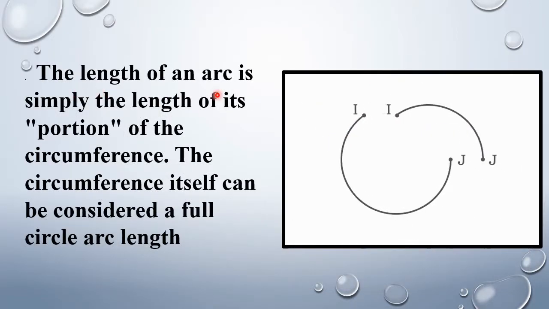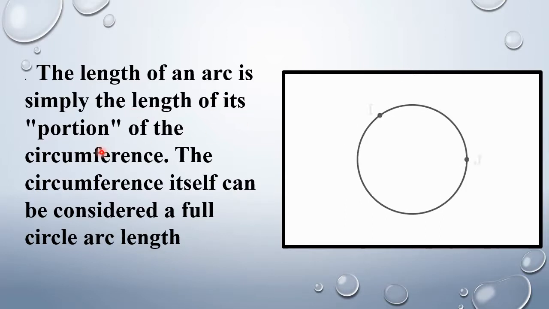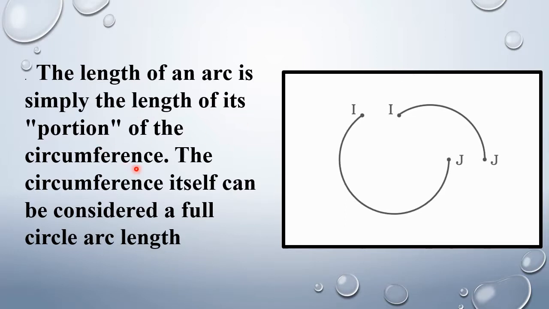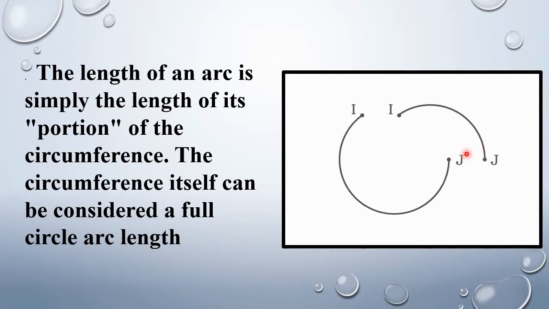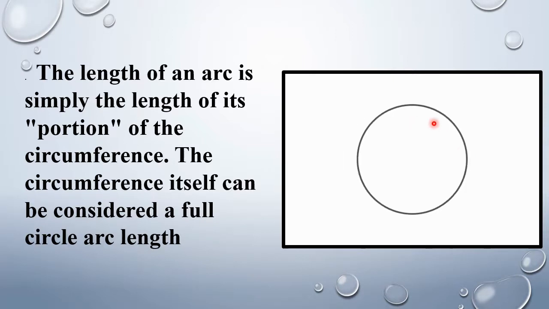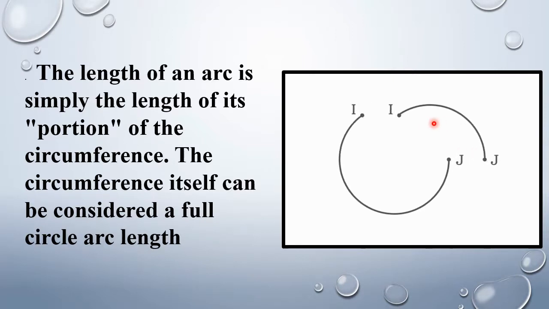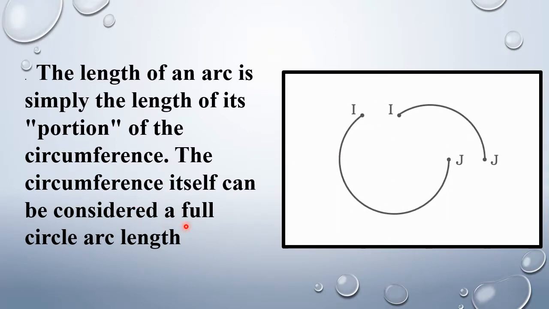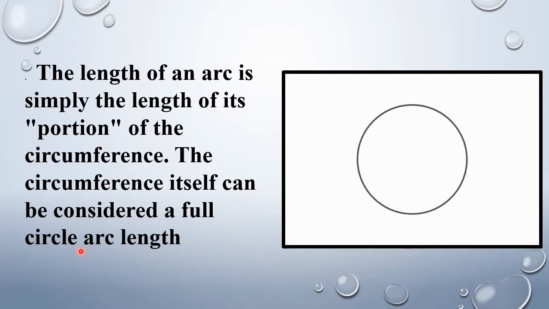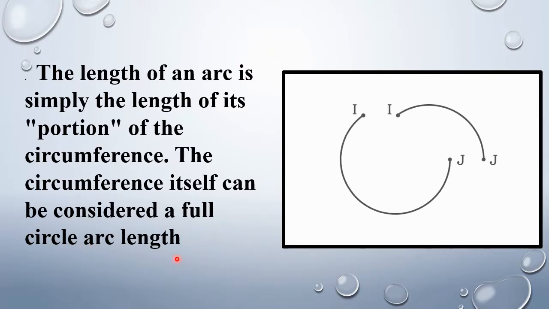The length of an arc is simply the length of its portion of the circumference. In this diagram you can see I and J are the length, or we can say its portion of the circumference. The circumference itself can be considered a full circle arc length.